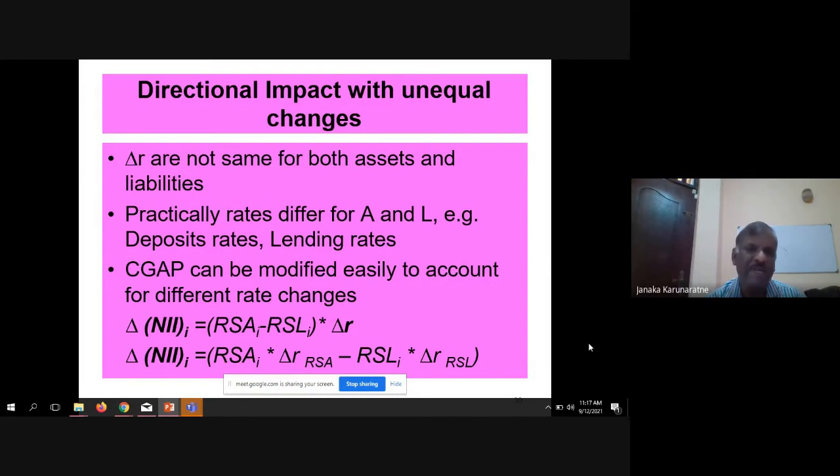Then the C-gap can be modified in such a way: change in net interest income equals RSA times change in interest rate of assets, minus RSL times change in interest rate of liabilities, right?